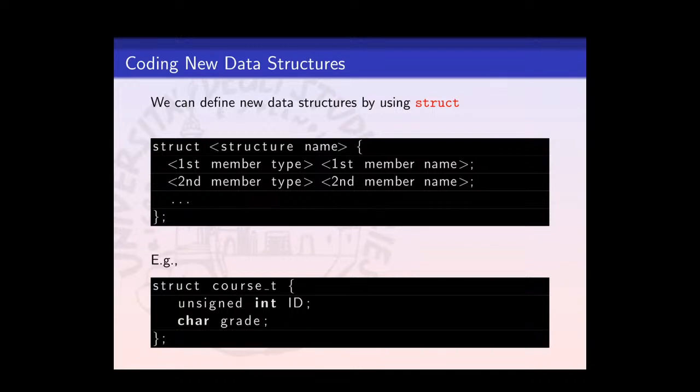Each of the properties I just mentioned is called a member of the data structure. So for instance, we are able, by using the struct syntax, to define the type course. And each course will have, of course, an ID and a mark.